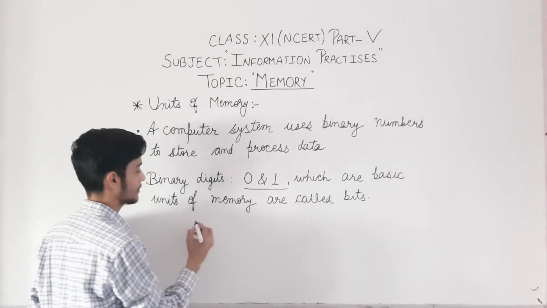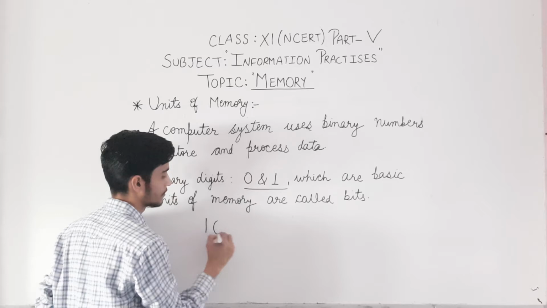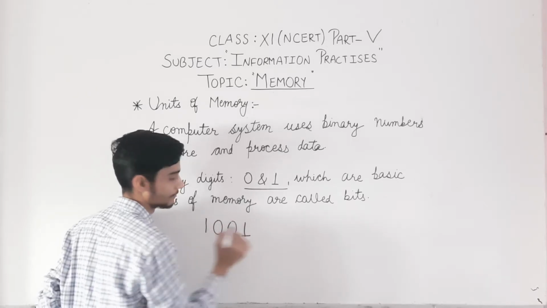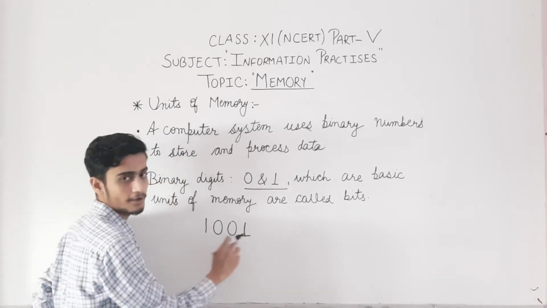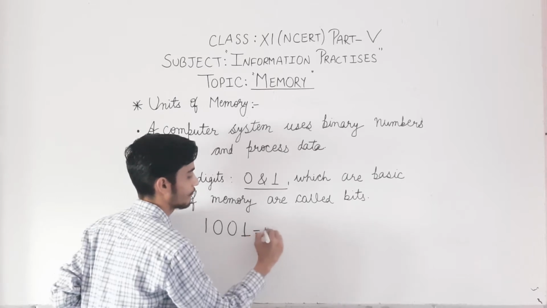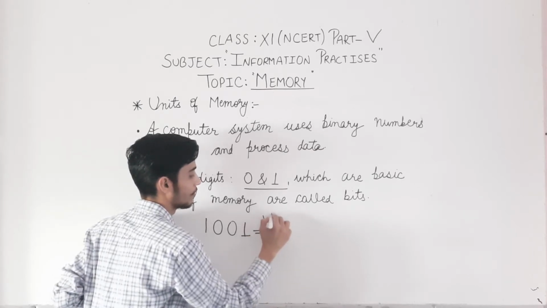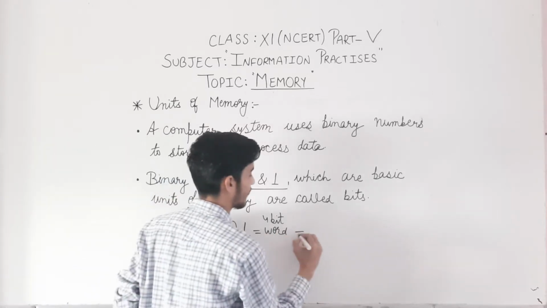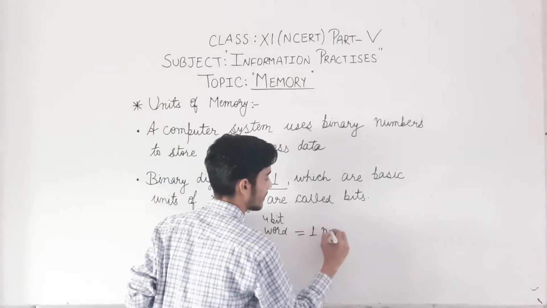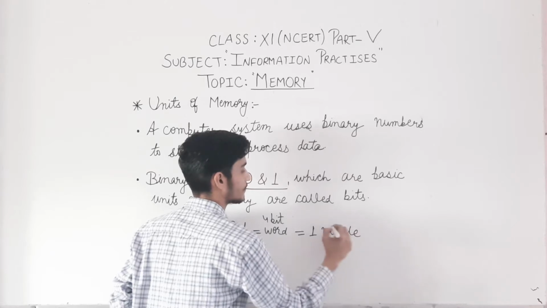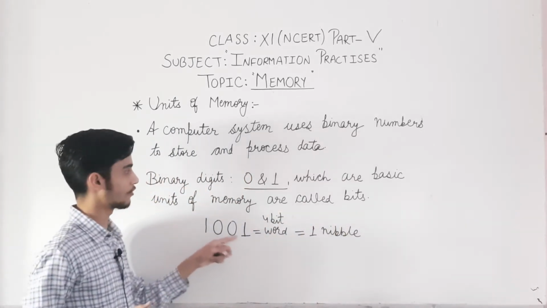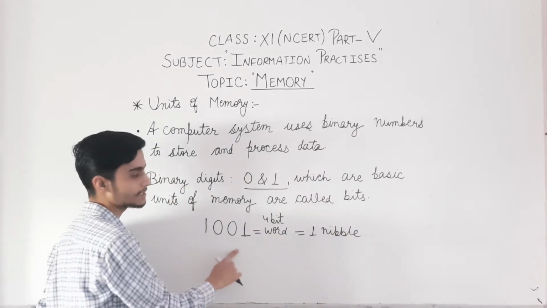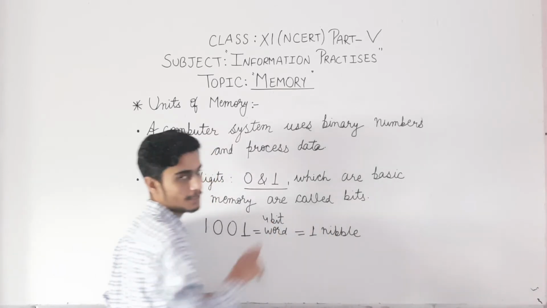For example, 1 0 0 1 is 4-bit data, or a 4-bit word. A 4-bit word is referred to as one nibble.